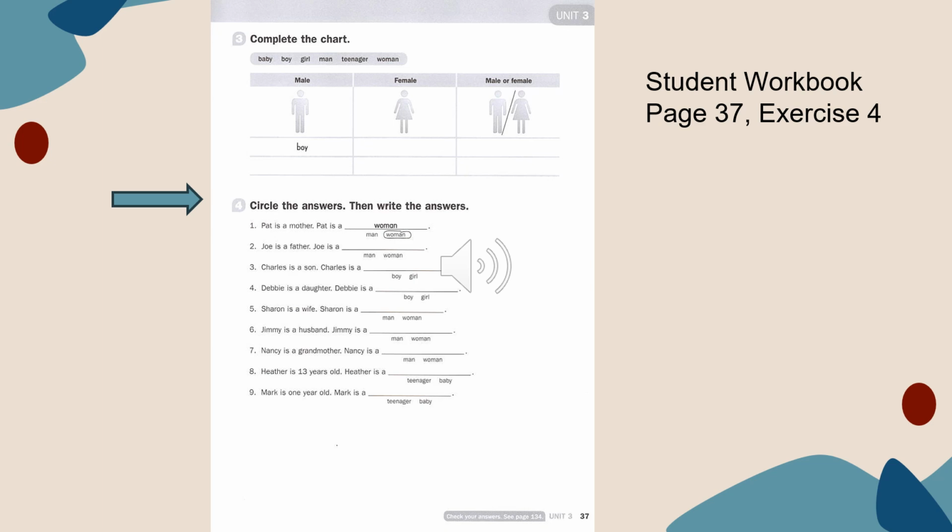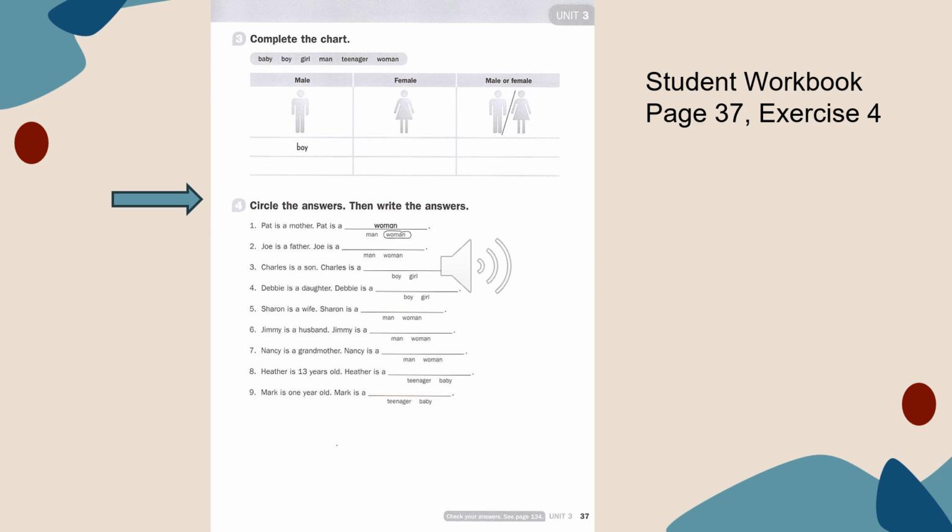We're still on page 37 in the student workbook, but now we're going to do exercise 4. We're going to circle the answers and then we're going to write the answers. Number 1 is already done for you. Pat is a mother. Is Pat a man or a woman?